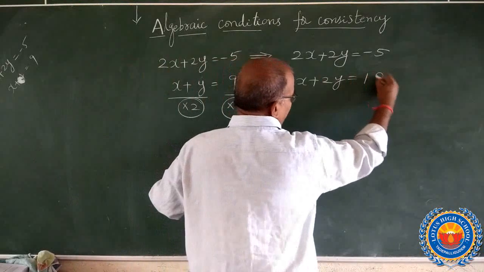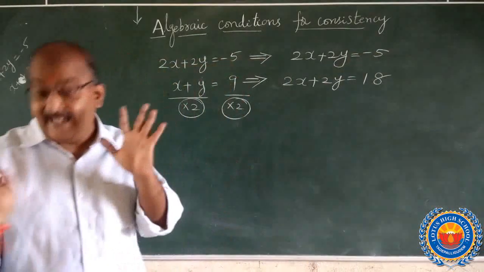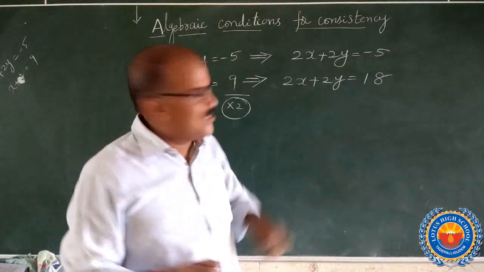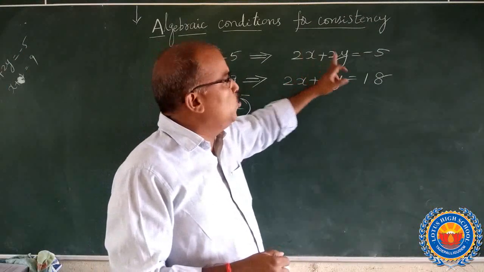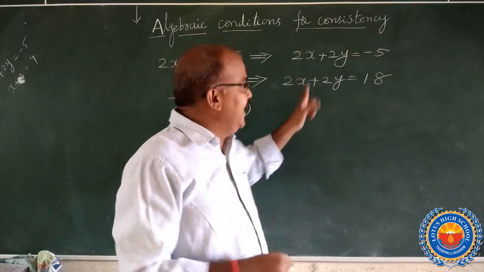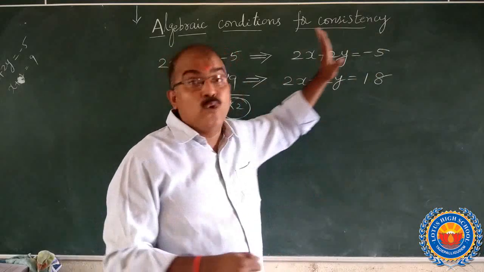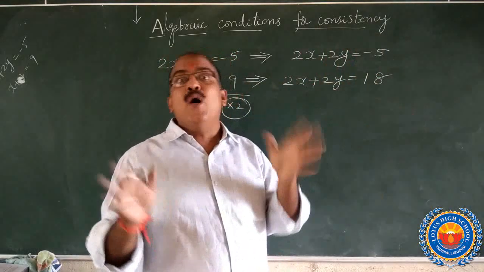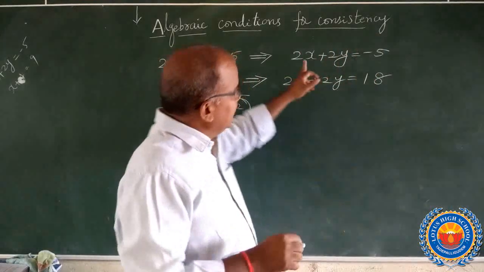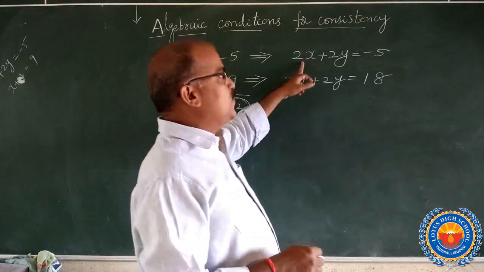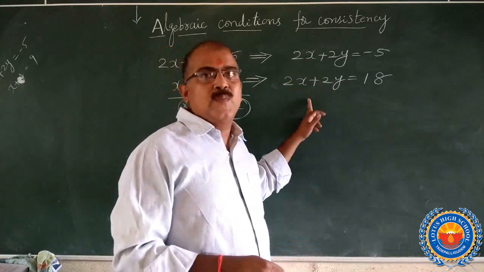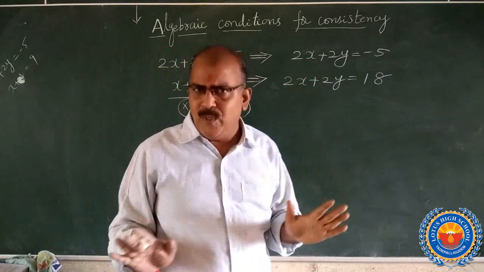2 nines are 18. See the equations carefully. Here 2x plus 2y is equal to minus 5. Here 2x plus 2y is equal to 18, which is impossible. Is it possible?